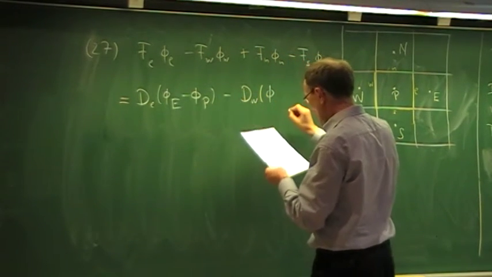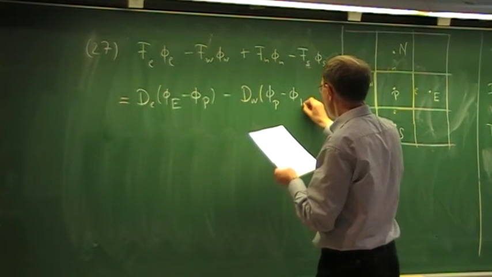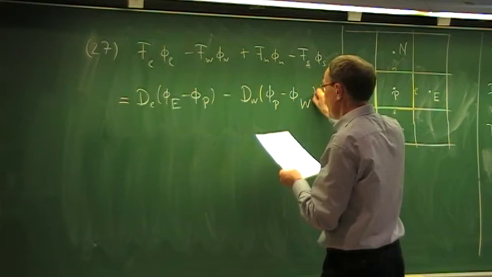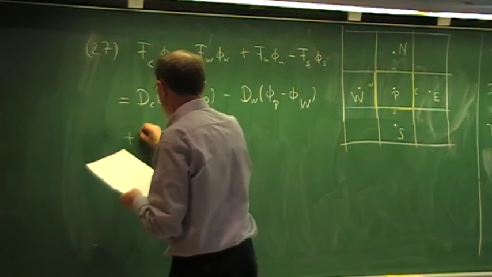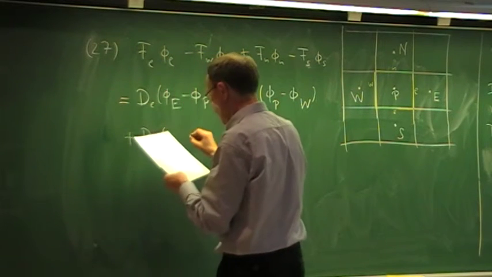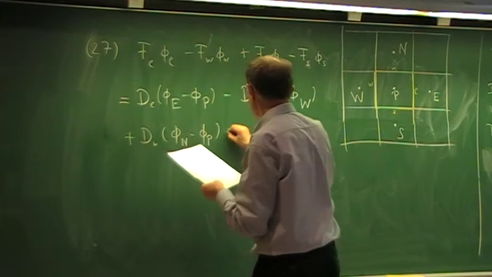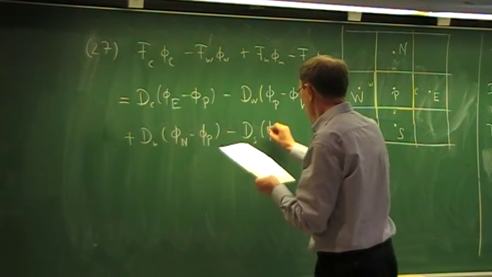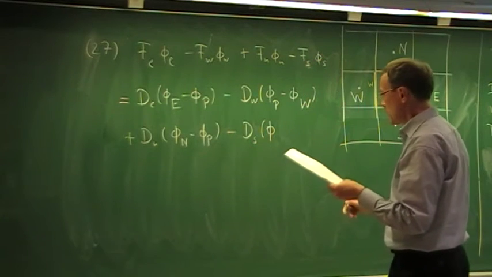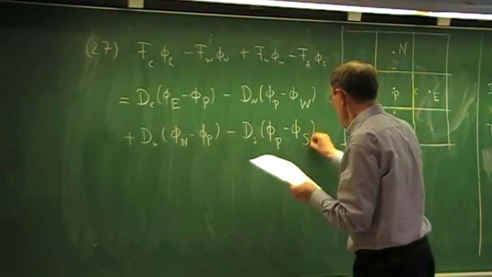In a similar way, phi P minus phi W. And we have the diffusive flux over the northern phase, which is then phi N minus phi P. And the diffusive flux over the southern phase, which is the diffusion conductance ds, phi P minus phi S.